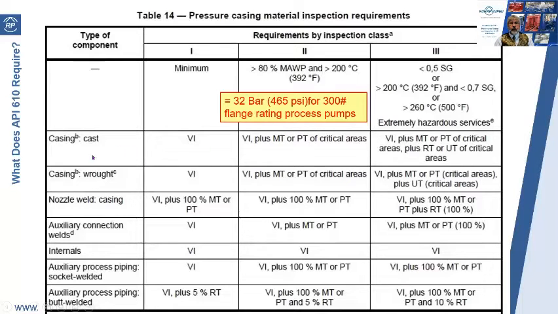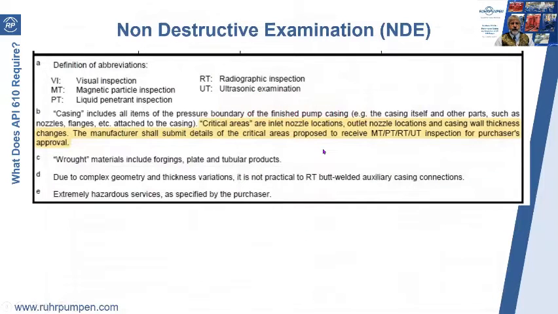So what does it require? On the casing, it requires visual inspection plus mag particle or liquid penetrant of critical areas. Critical areas. These are defined in the footnotes to the table. So critical areas are inlet nozzle locations, outlet nozzle locations, casing wall thickness changes.